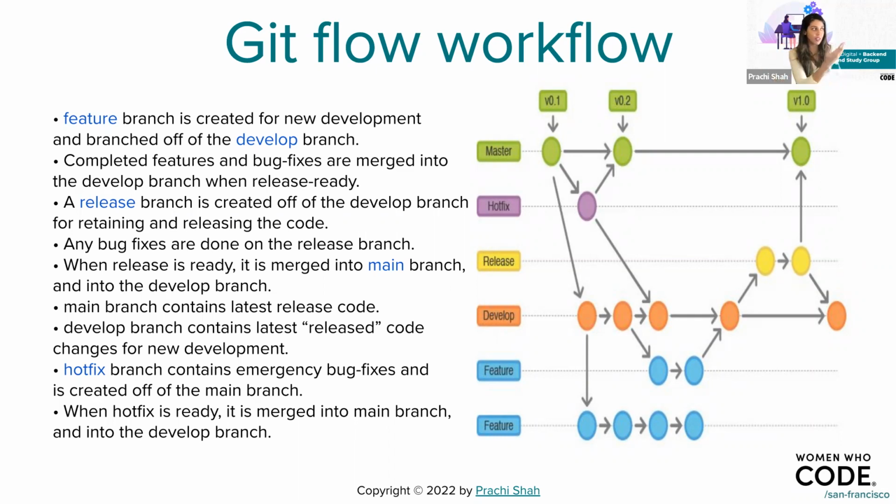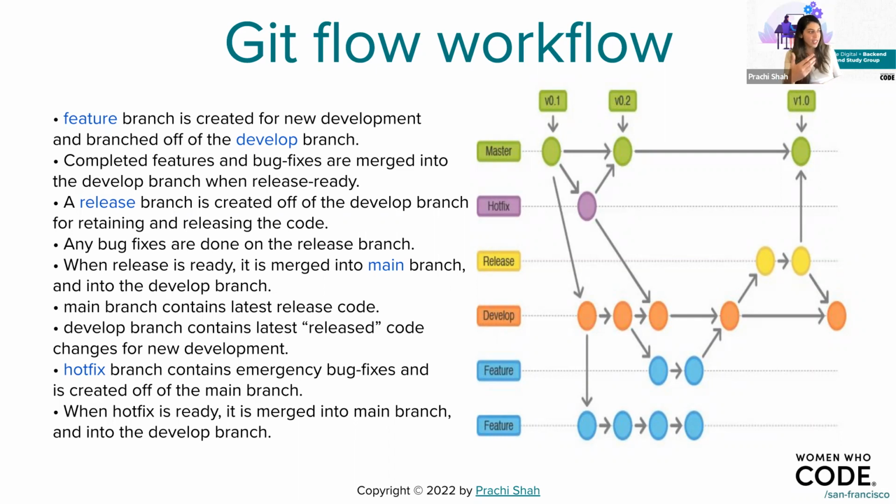If you have a release branch created off of develop for retaining and releasing the code, that's totally fine. Bug fixes can also still go in the release branch. You can create a bug fix branch and merge it to release, and then the release goes to production, right? Stuff like that. So all this is flexible, is what I'm trying to say.